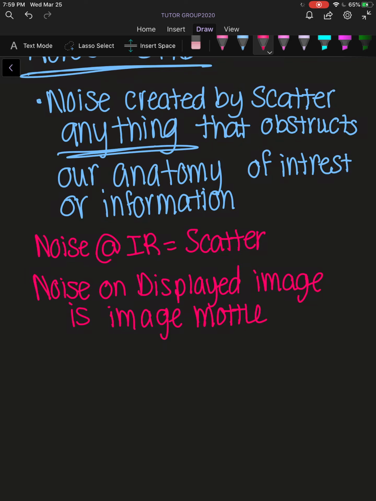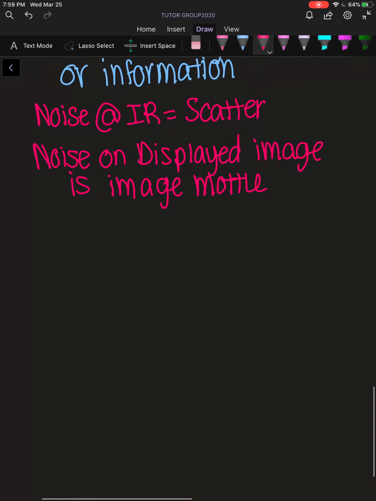I also want you to remember that image mottle can be interchanged with quantum mottle. That is just another word for it. Image mottle, which is quantum mottle noise, is directly related to the number of X-ray photons exiting the patient and forming the image. So we know that scatter ruins our contrast.